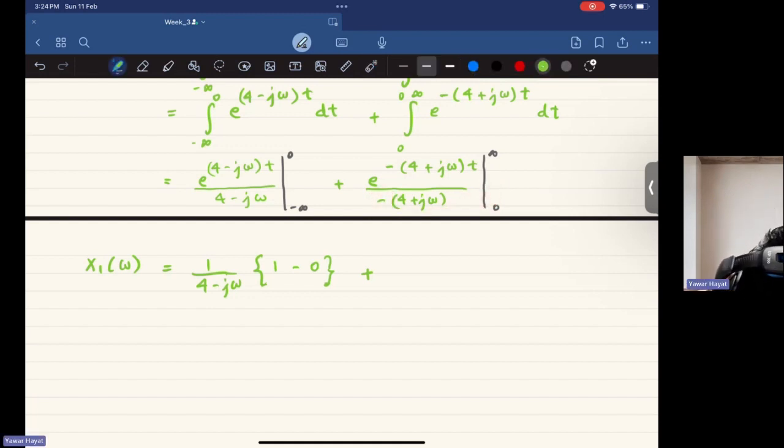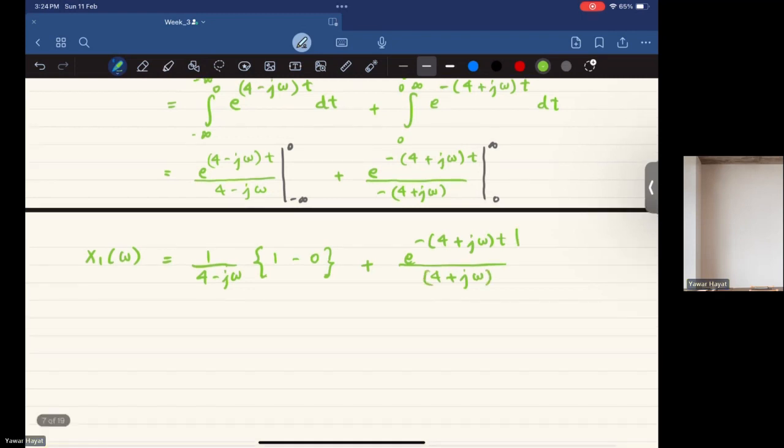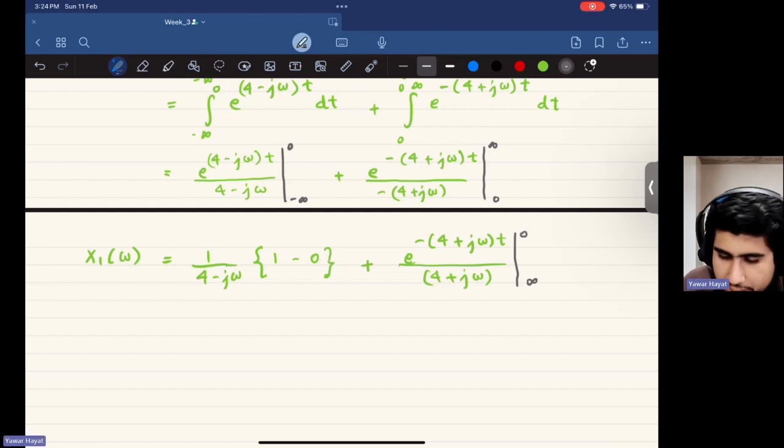So let me show that step as well. E to the power minus 4 plus j omega t whole divided by 4 plus j omega. And what are the limits? Limits would be from infinity to 0, right? We interchange the limits and took out that negative sign.